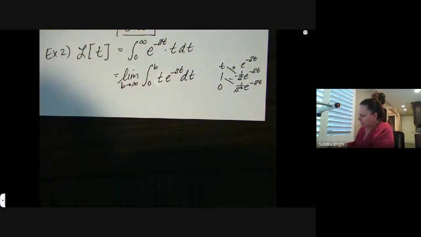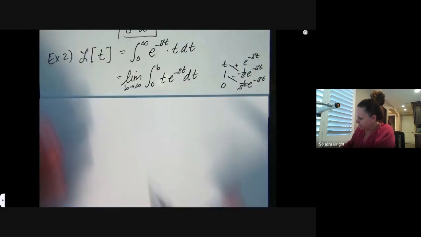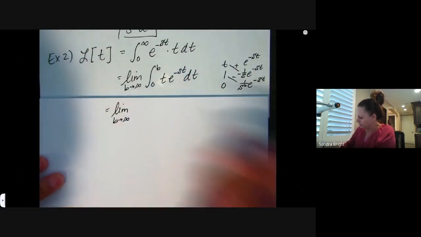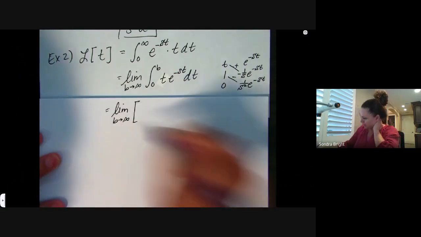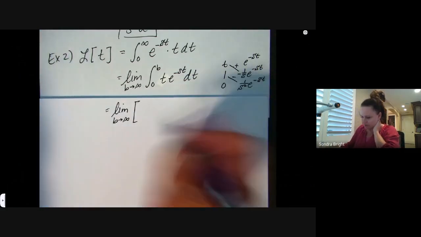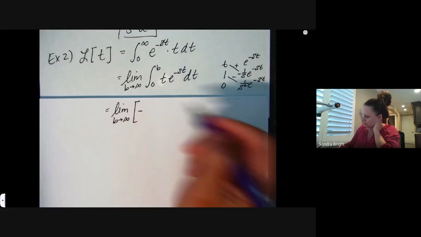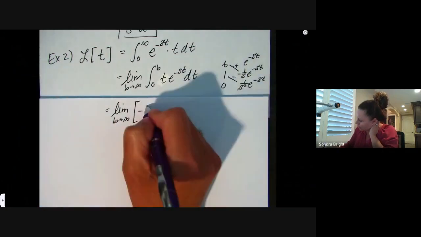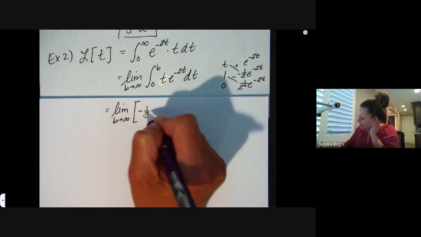This ends up being the limit as b goes to infinity of, it'll be a negative t over, or maybe since I'm plugging into t, I guess I'll leave it separate. Okay, so negative 1 over s, because that's a constant, right?